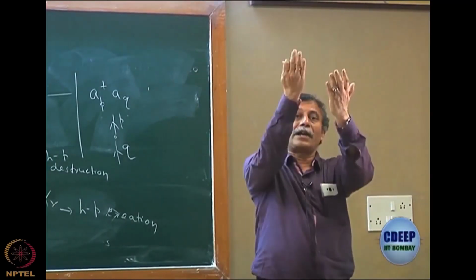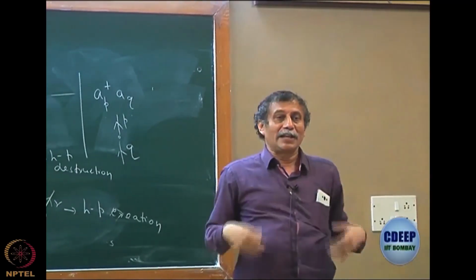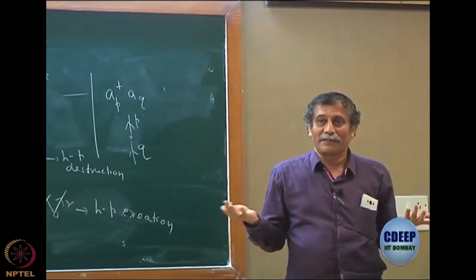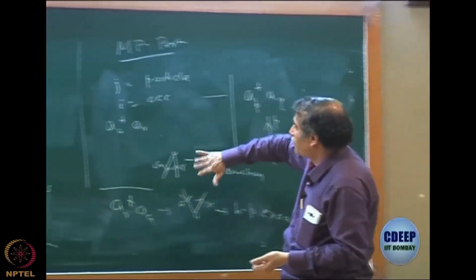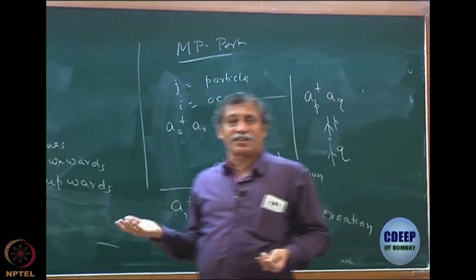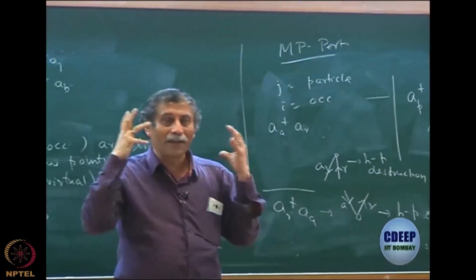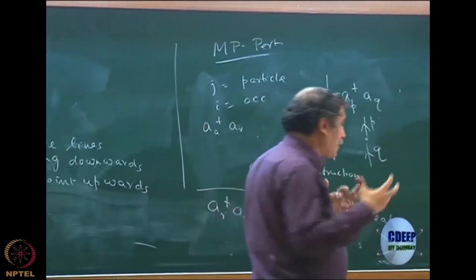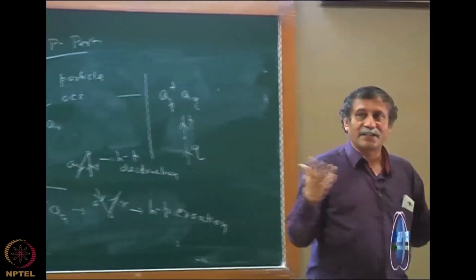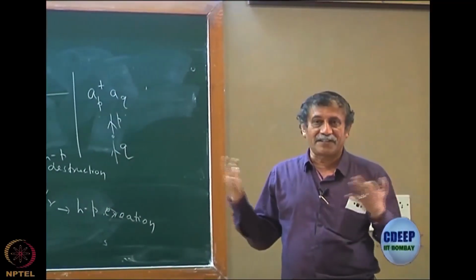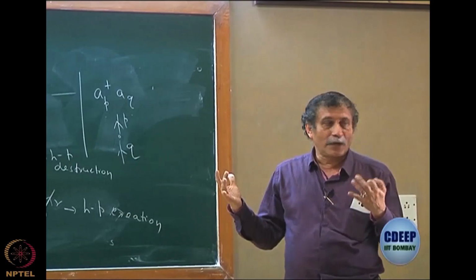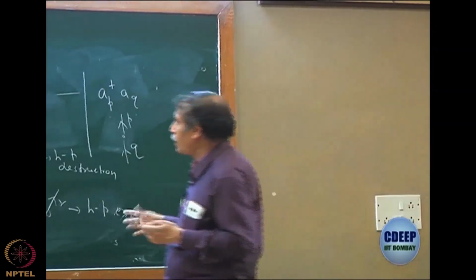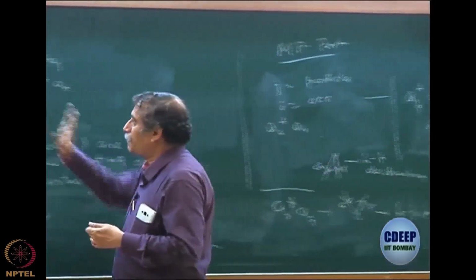And the ones which are going up are also occupied orbitals. So that is basically a hole particle creation operator. It is very easy to see. If you have turned it around, it must be hole particle destruction operators. So from the figure, we should be able to say whether it is hole creation, particle creation, hole destruction, particle destruction, from the figure itself. Okay, and you will get used to it once we start drawing. This is for the 1 particle operator.